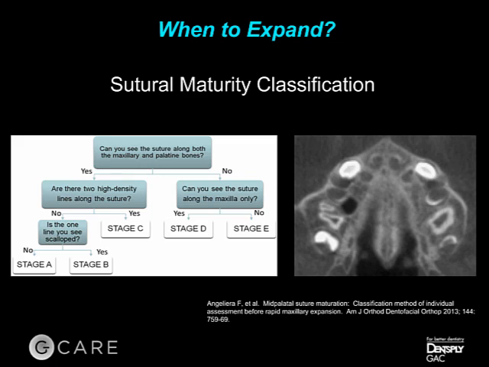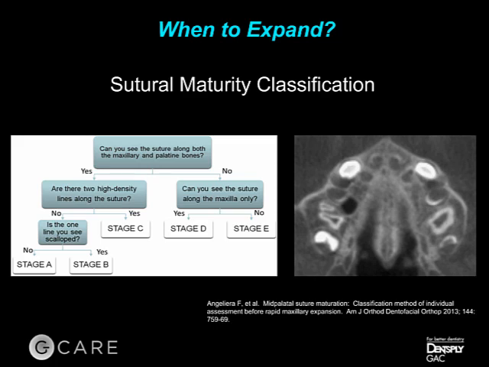This article by Angelieri was saying it's not necessarily the skeletal age maturity of the patient, but the maturity of the suture itself. Because what they showed was that there are some patients where the suture actually remains patent even long after adolescence.